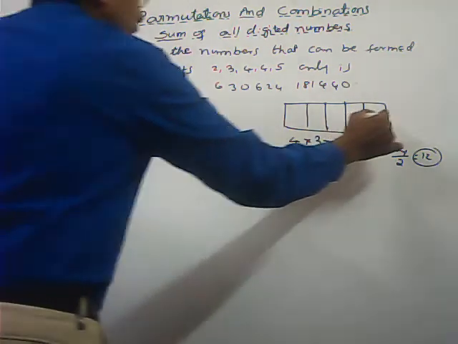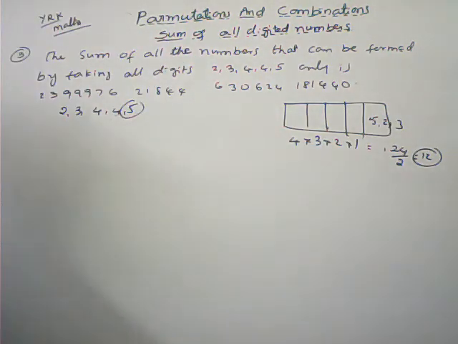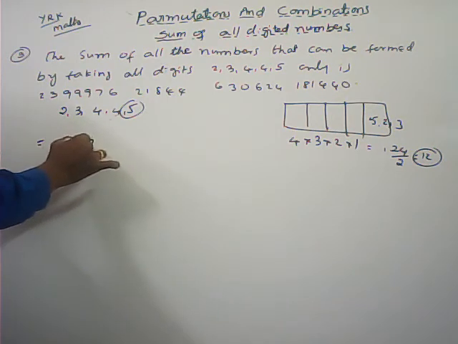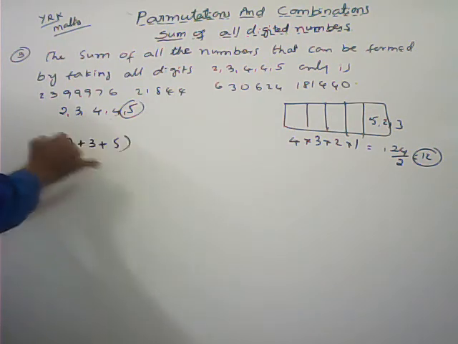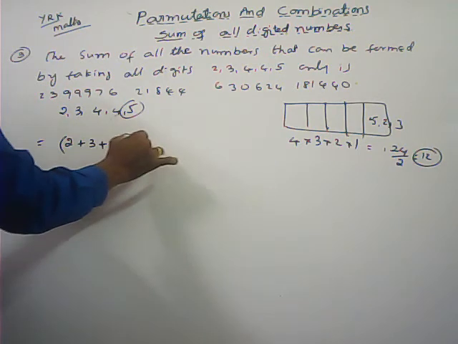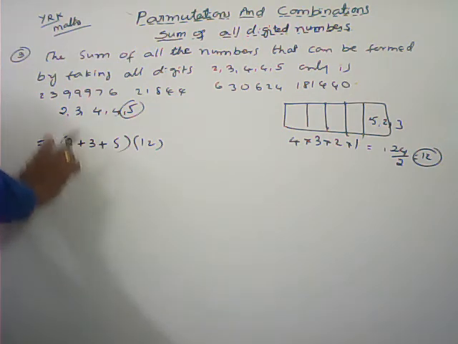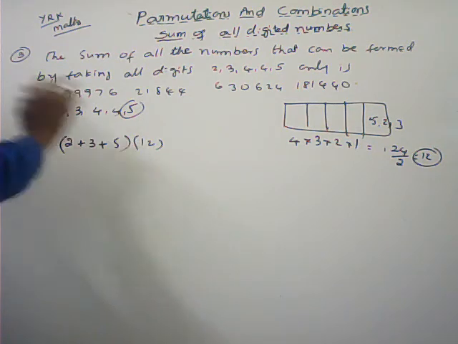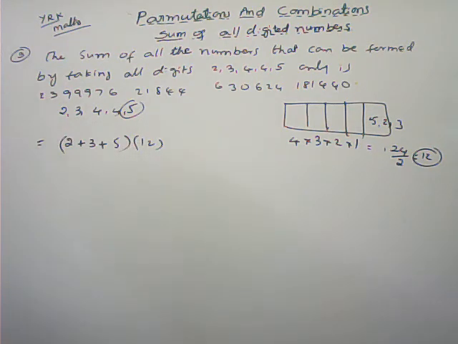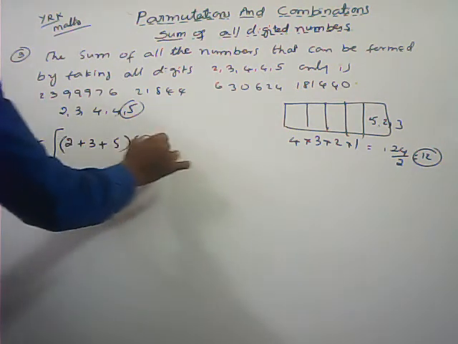If I keep 3 also, same number of times repeats only. So the total sum is 2 plus 3 plus 5, each one repeats 12 times in any position, whether in the units place or tens place or any place, each digit is repeating 12 times.